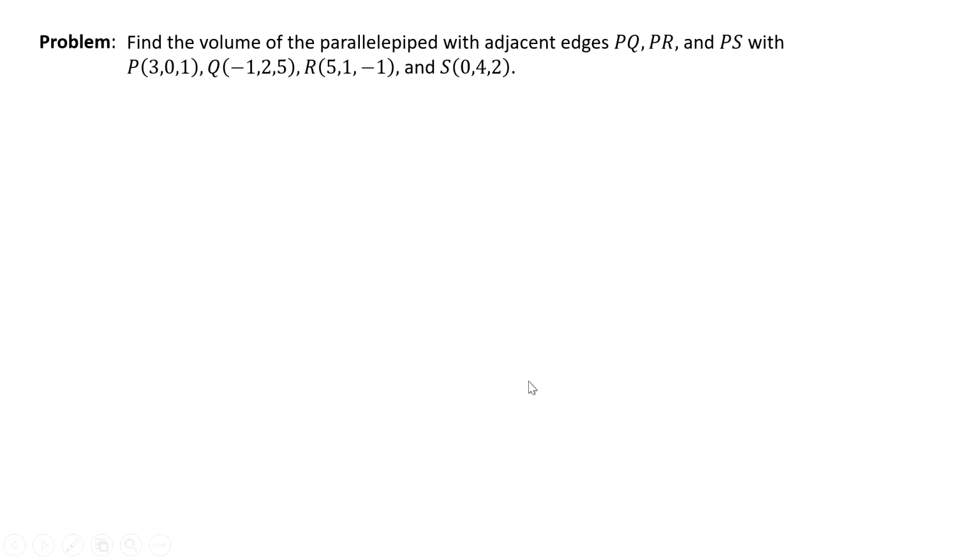Now find the volume of the parallelepiped with adjacent edges PQ, PR, PS. Now they are actually telling us which edges are adjacent, given PQRS. So this time I was wise enough to construct a figure for you so you can see. I should have had that sense even for the previous problem.